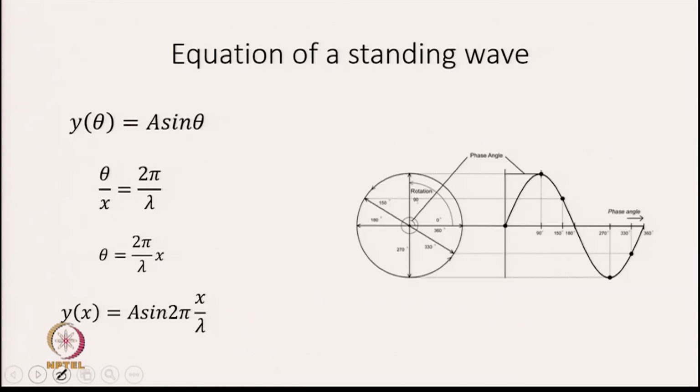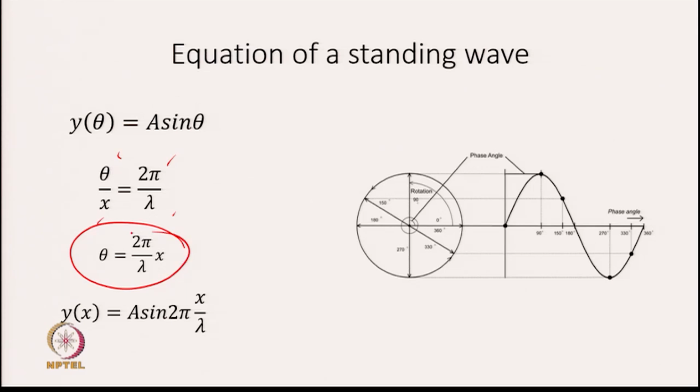So, the relationship between theta and x, which is your horizontal displacement, is theta by x is equal to 2 pi divided by lambda. You can see that when theta goes to 2 pi, x will go to lambda, and theta is given by 2 pi by lambda into x.